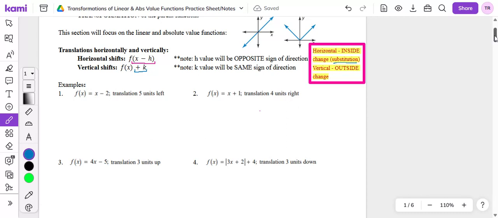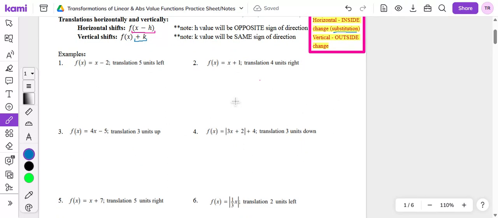So let's get started. First example, all of our equations are going to mostly be given to us in f of x, and we have to come up with a new function based upon this translation, whatever it is that they're telling us. In this case, we're translating it 5 units to the left. They gave us the original function: f of x equals x minus 2.